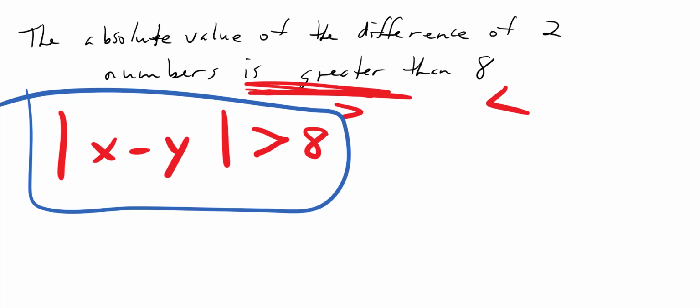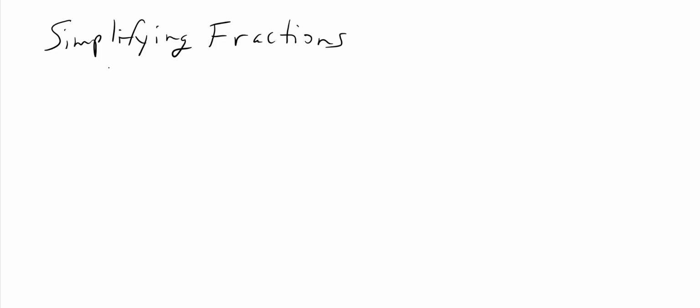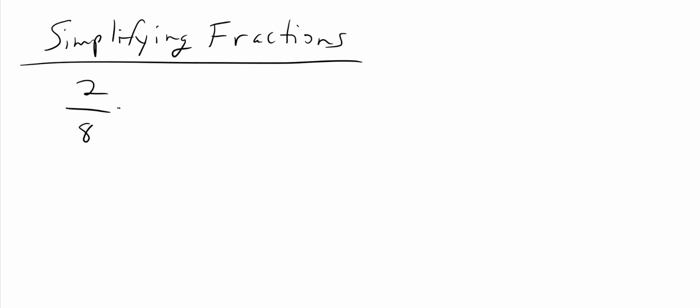Okay, I got one more thing to show you guys. This is pretty fast. This is just part of tonight's homework. It's simplifying fractions. Okay? If I give you something like 2/8, I can simplify: 2 goes into 2 once, 2 goes into 8 4 times.